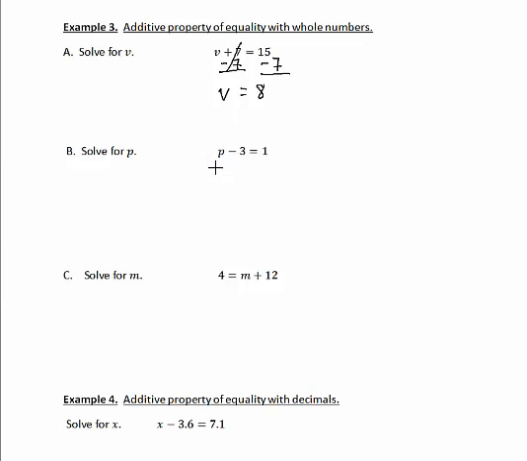So with b, what is happening to the variable p? Well, if you simply say out loud the left hand side in words, you would say p subtract 3. So we're subtracting 3 from the p. The opposite of subtraction is addition, and so I simply say add 3. But I have to write add 3 on both sides of the equation.